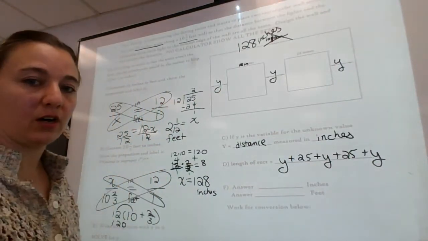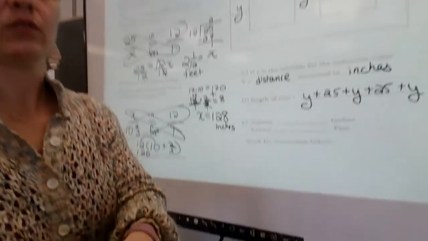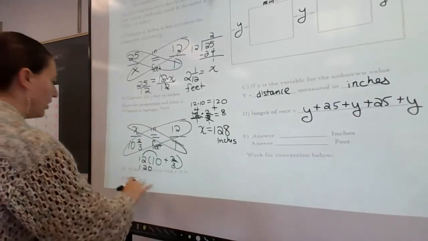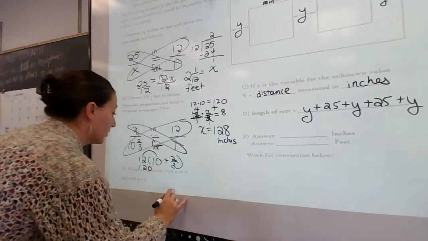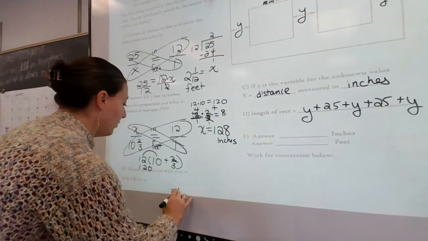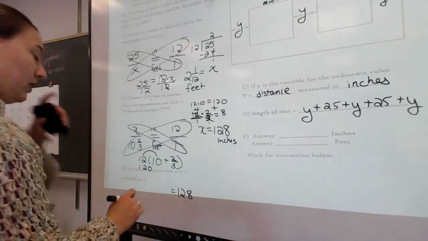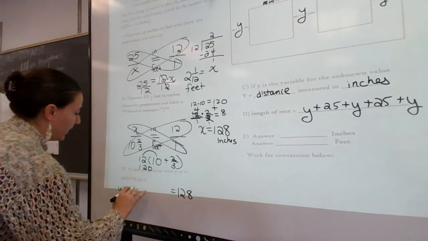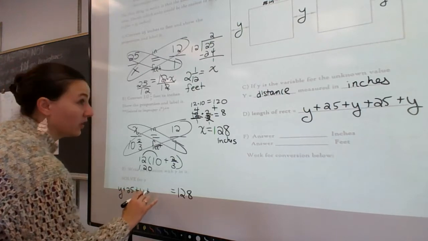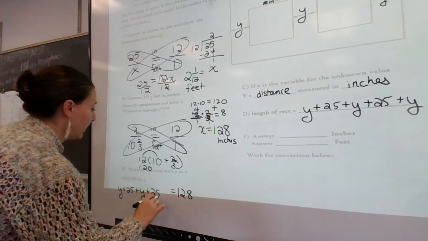So I need to solve now. I'm going to go to the bottom of my page here where it says solve. We're going to write the equation. I have those two things that are equal. The whole wall is 128 inches, and in terms of y, it's y plus 25 plus y plus 25 plus y.